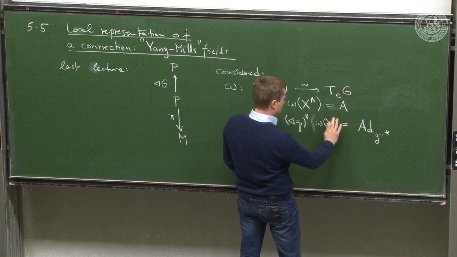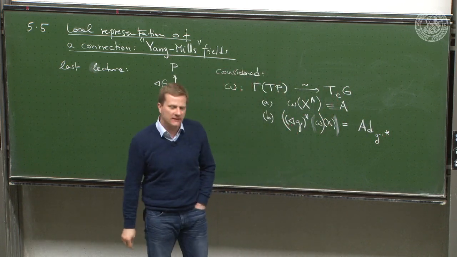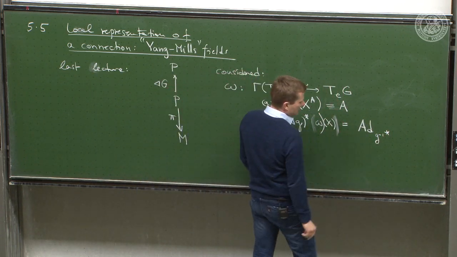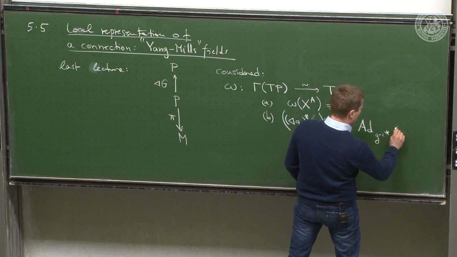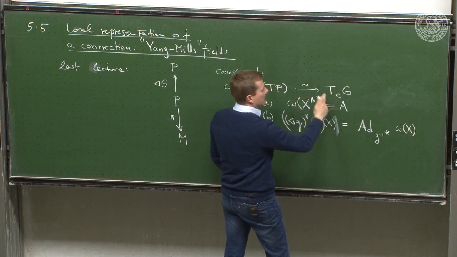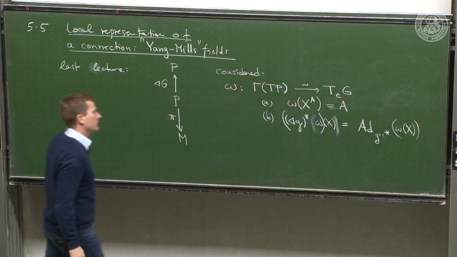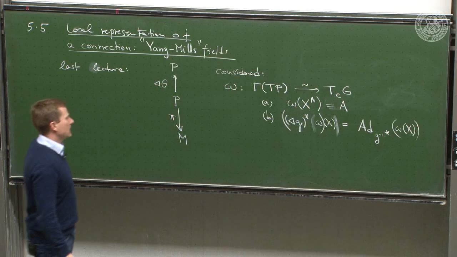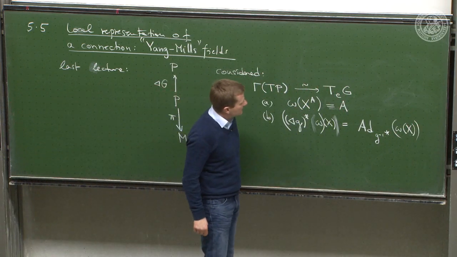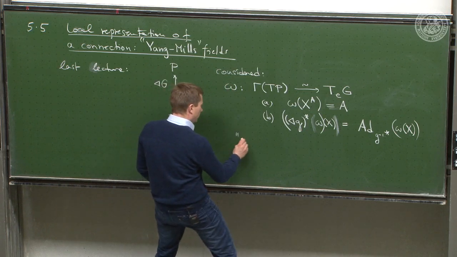I'm sorry, these brackets are wrong. So you pull back the form and then you apply it to an X. And this is the Ad g inverse push forward of omega. You first apply omega to X, so the result is a Lie algebra element. And on that, of course, the push forward of the adjoint map Ad g inverse can act. So this was a connection one form.